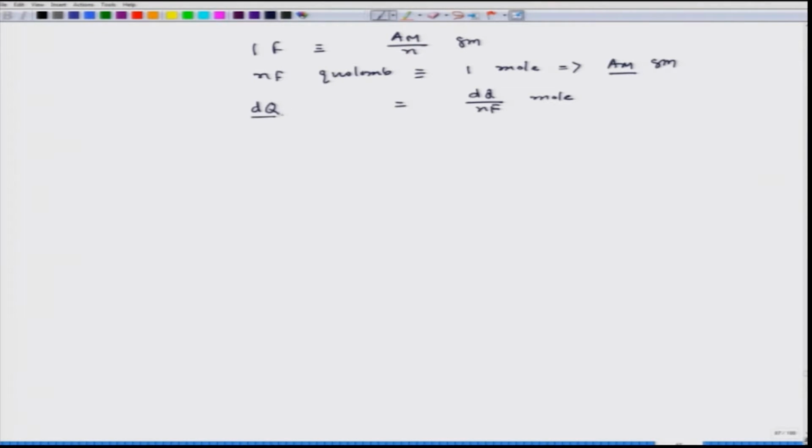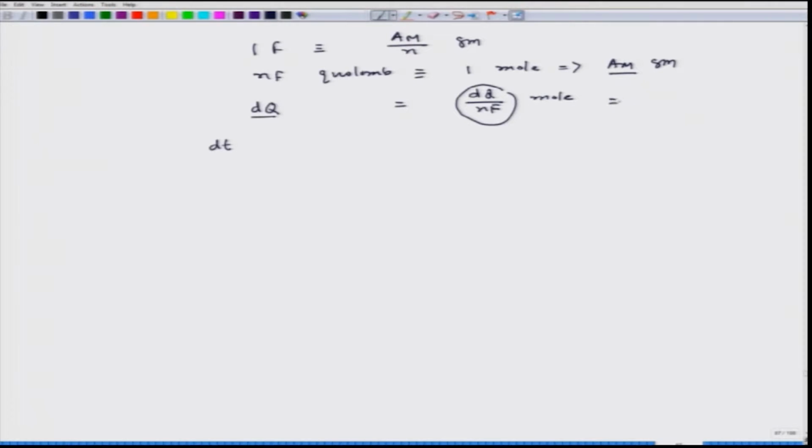Now you see, if we send dq amount of charge, we get this much loss of mole of that particular metal that is dissolving in the solution. Now, if this dq charge is sent for dt time, which is a very small minuscule time, then we can find out the number of moles dissolved per unit time.